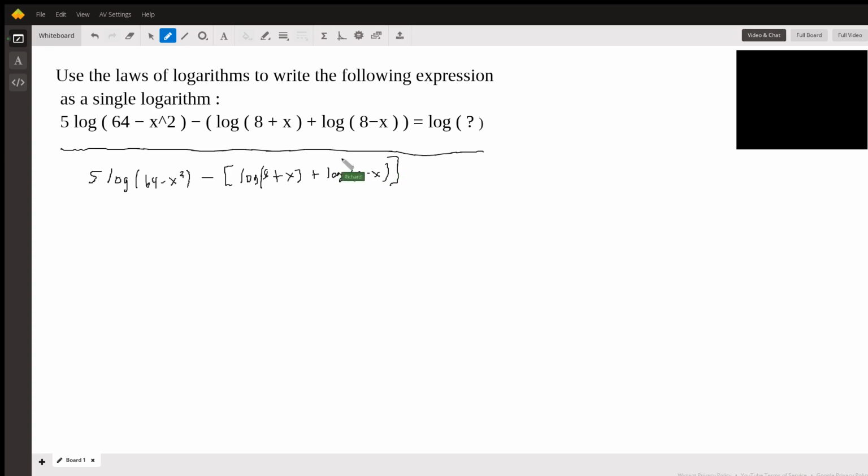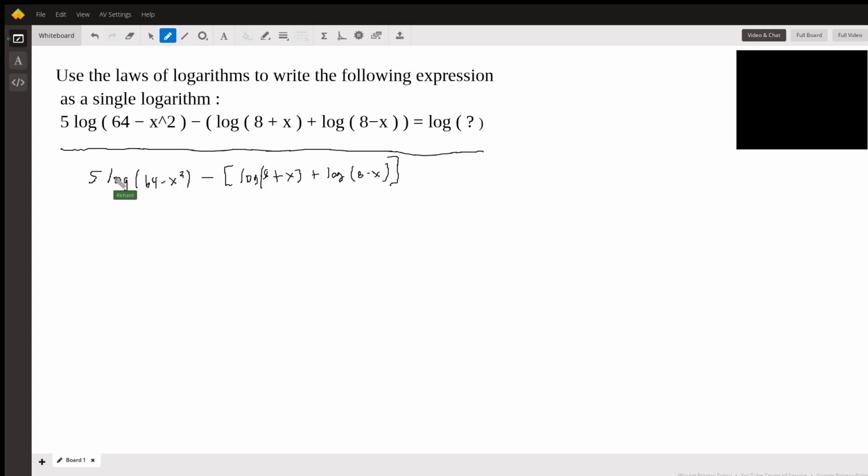And the objective is to write this expression as a single logarithm. This is called condensing. When we're working with properties of logs, we're either condensing or expanding quite a bit. There are other things that we do with logs also, but the properties are used typically to expand or condense.